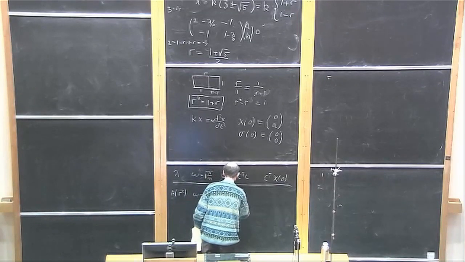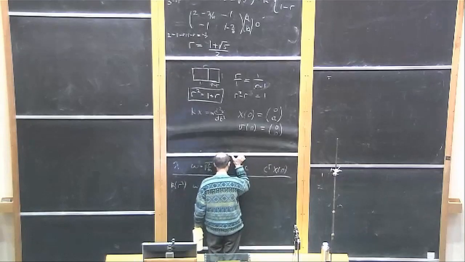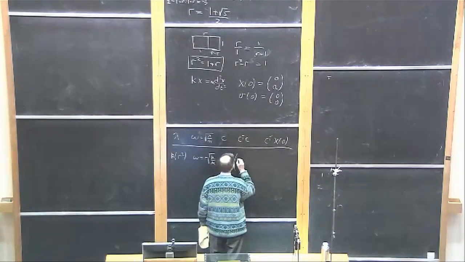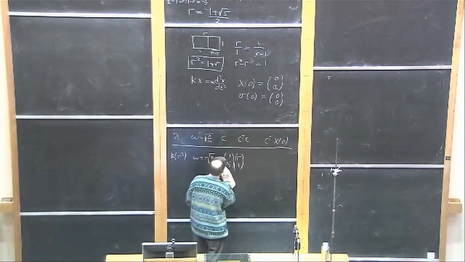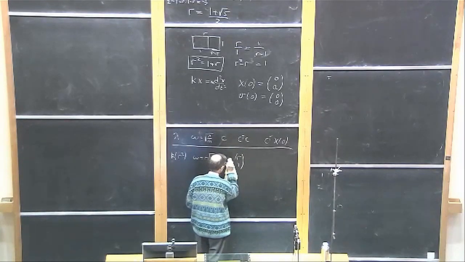So the eigenvector is either that, or alternatively it's that. And that's the version I'm going to use, okay, r, 1.